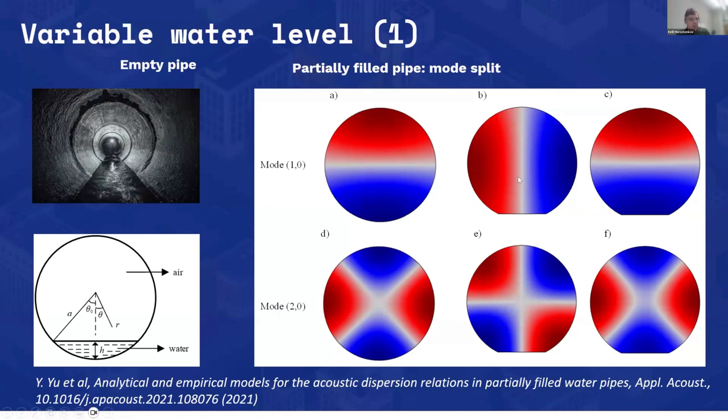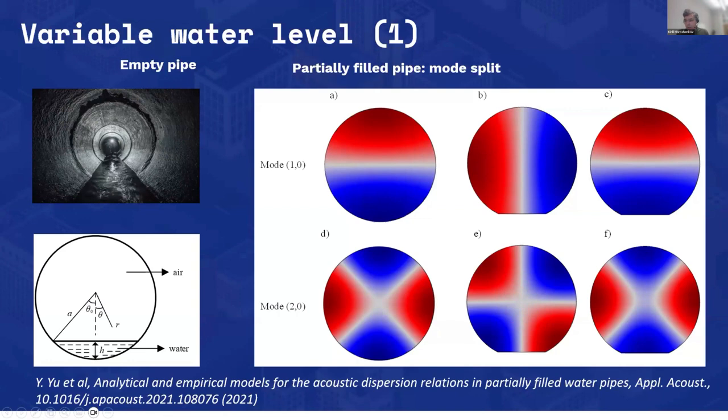These modes begin to split. Effectively, the frequencies of the modes are no longer single. Some of the modes bifurcate and split into different frequencies. As a result, we effectively increase the number of modes which can propagate in a pipe like that, and this effect can also be accounted for.